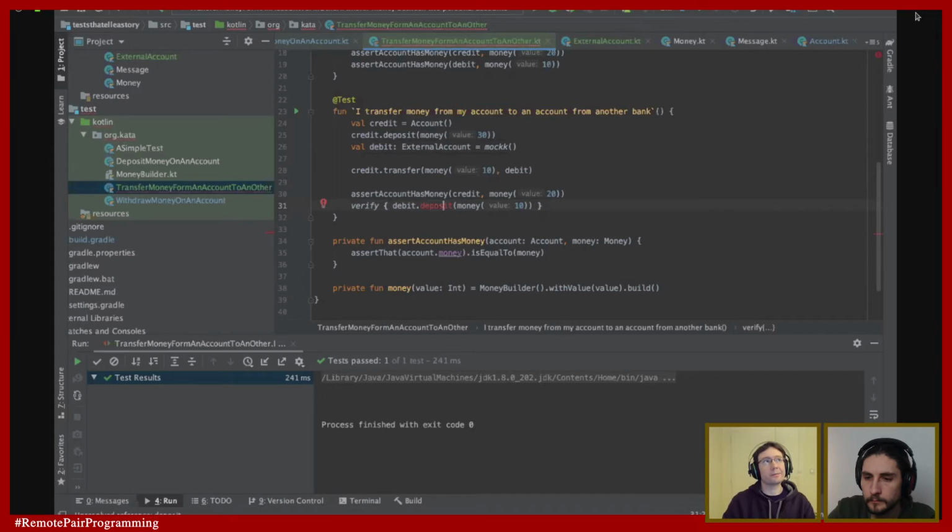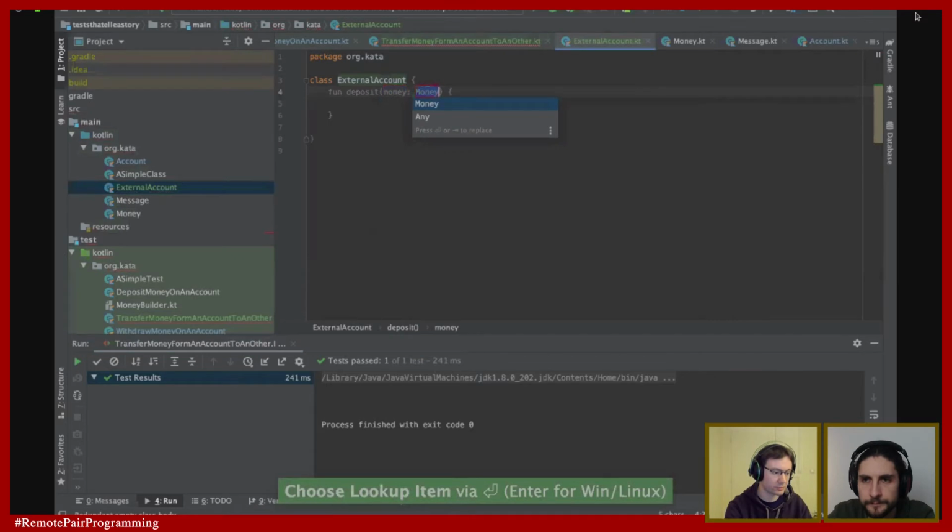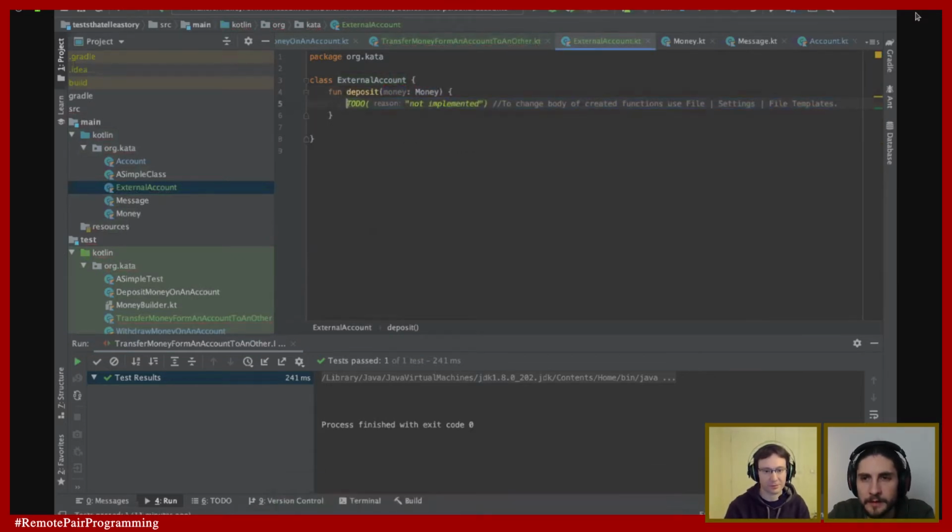So at this point, now I want to create an interface because I have to implement the deposit method from the external account class, and I don't want to because I don't know what the code does exactly. That's why I was saying it's a good idea to have an interface.